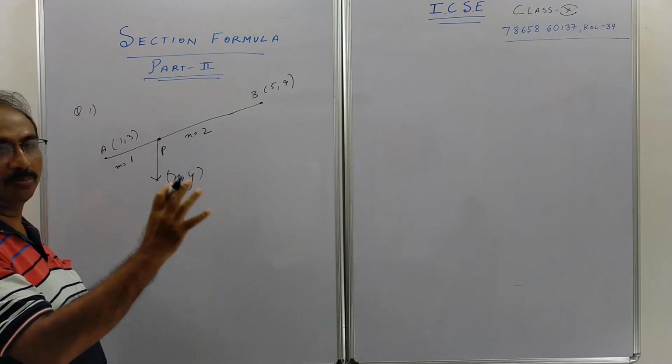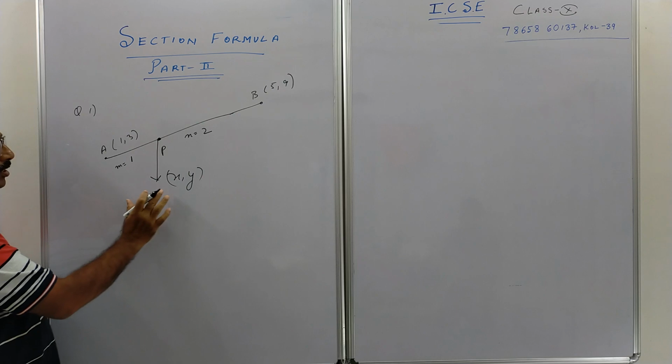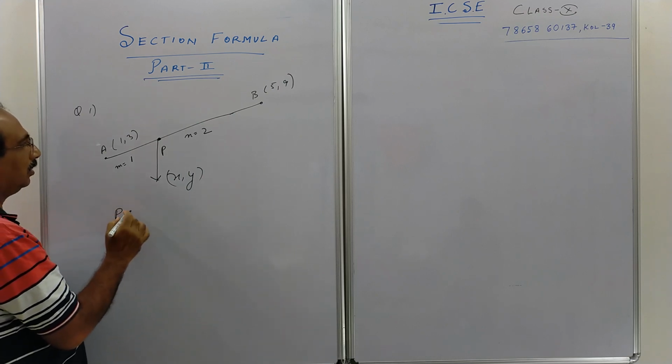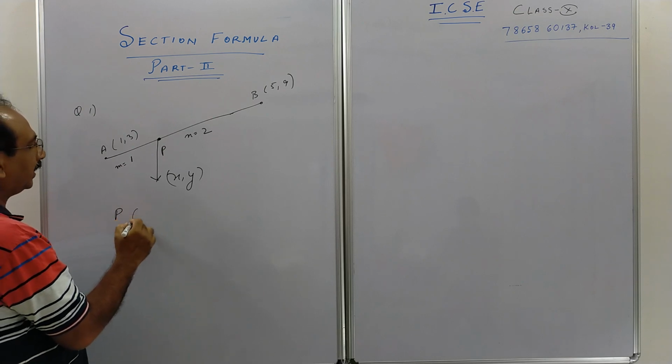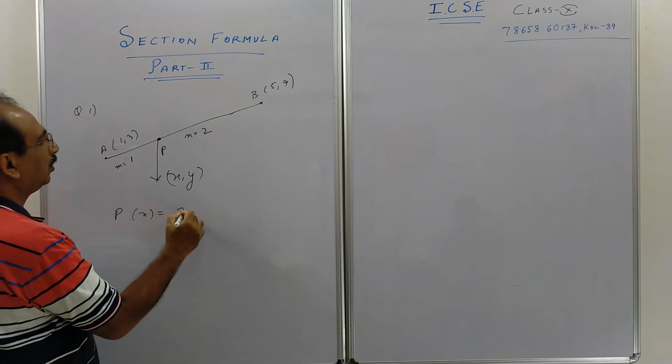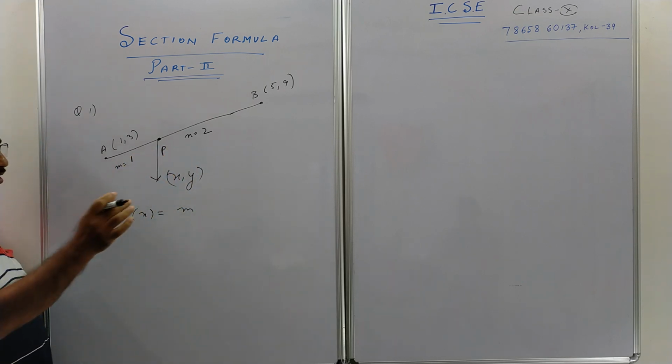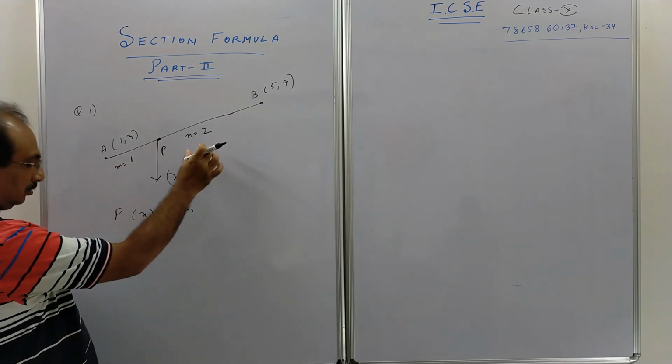Okay, if you have done ordered pairs in class 9, you have plotted. So here we do the section formula. To find x of P, what is the ratio, children? See here, 1 is to 2.